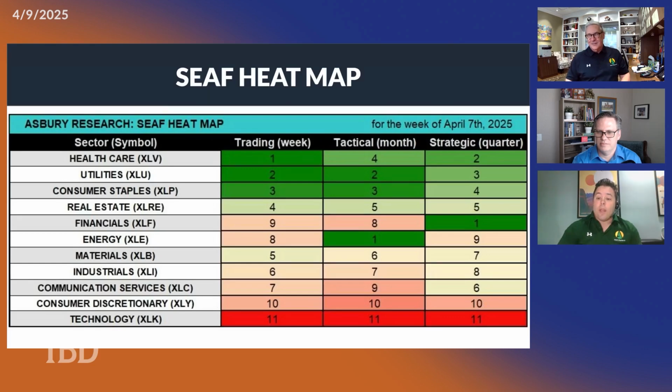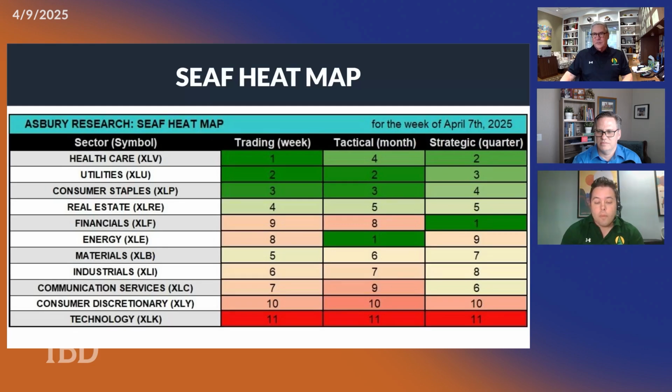What I'll be looking for next week is if this is truly the turn up that we're expecting. We had a big update today. If this is going to resume the uptrend, we'll want to start to see this heat map flip. Next week it'll look a little bit like a Picasso painting as the numbers start to realign, and then we will see things like technology, communication services, or consumer discretionary move up.